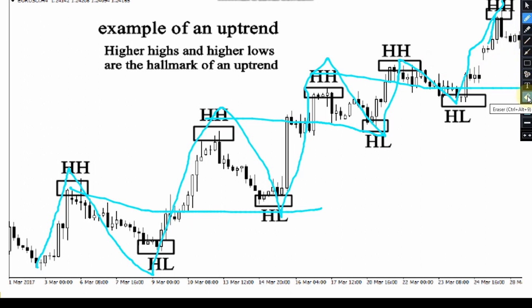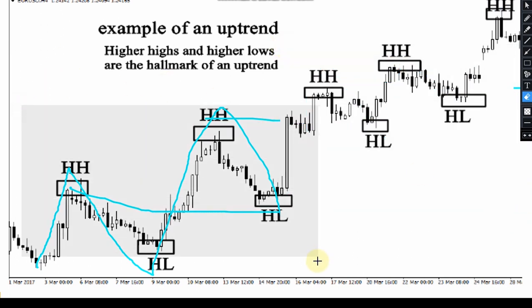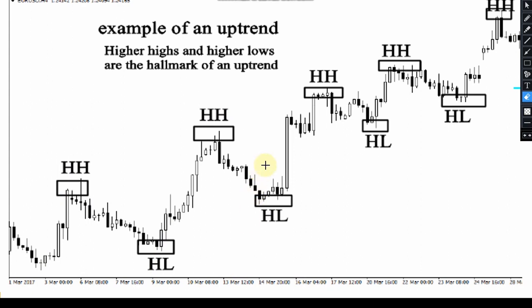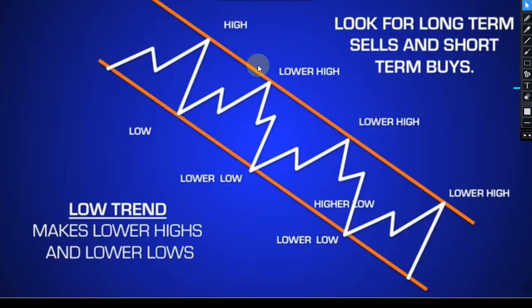All right, so let's look at the downtrend. This is the downtrend. The downtrend is the opposite of an uptrend. The market starts from somewhere here, forms a high, drops to a low, then lower high, lower low, lower high, lower low.